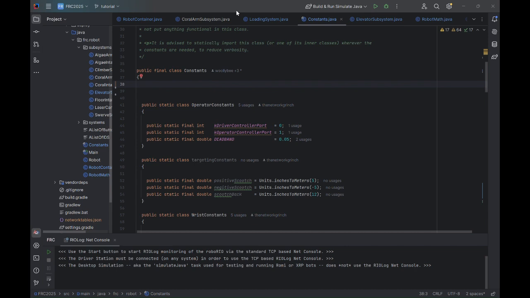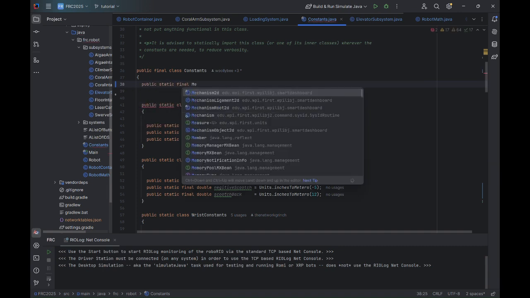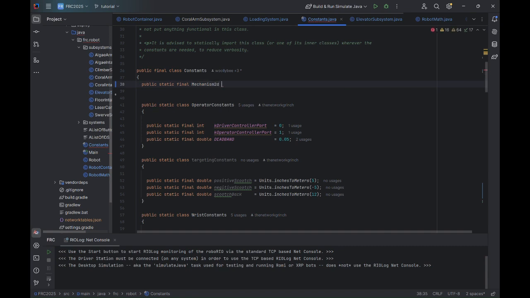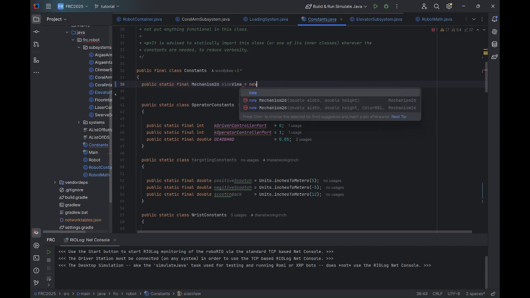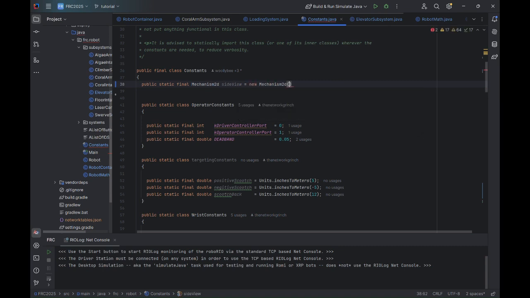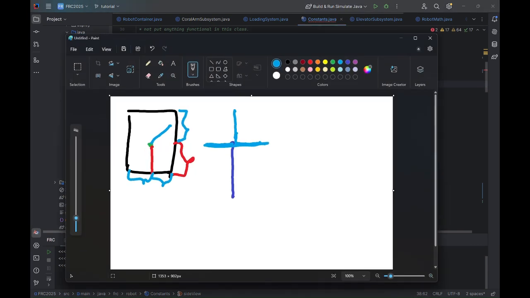So now let's create a mechanism 2D. I'll just call it side view. So new mechanism 2D, and the width is our arm constants times 2.